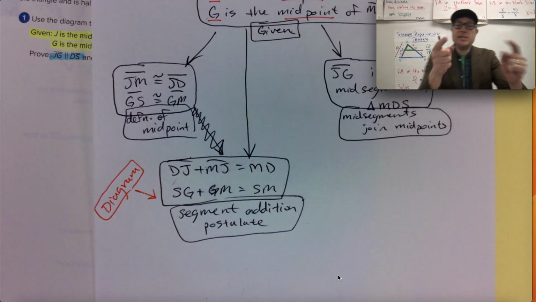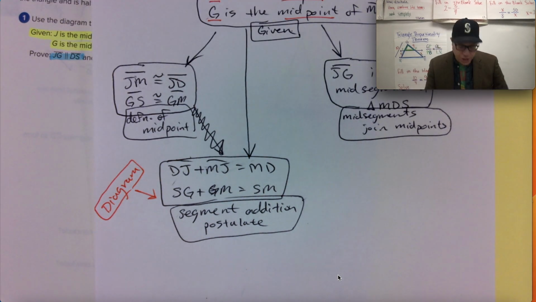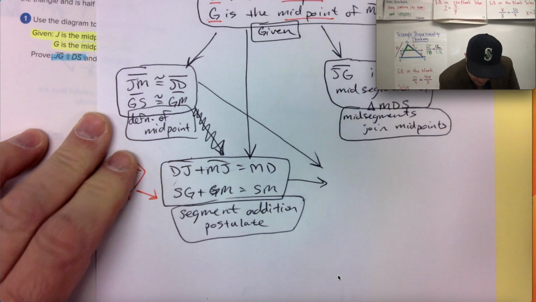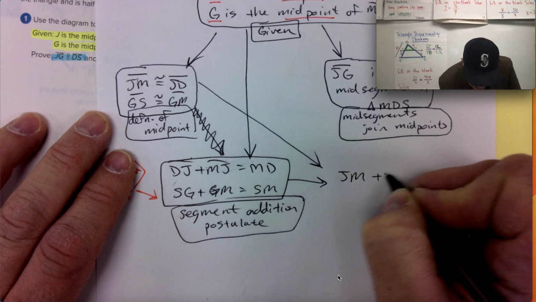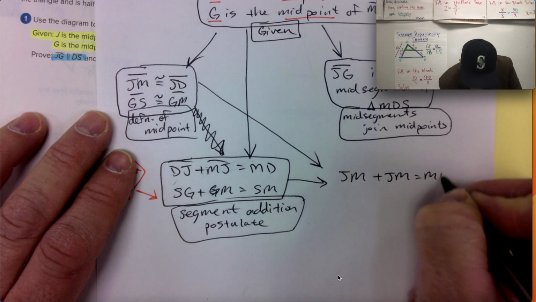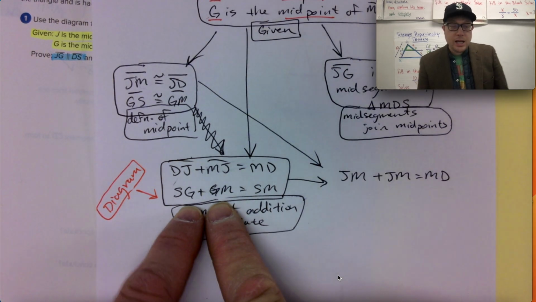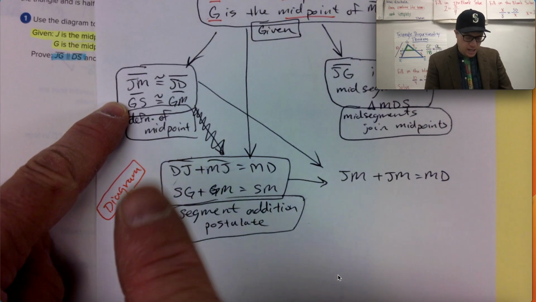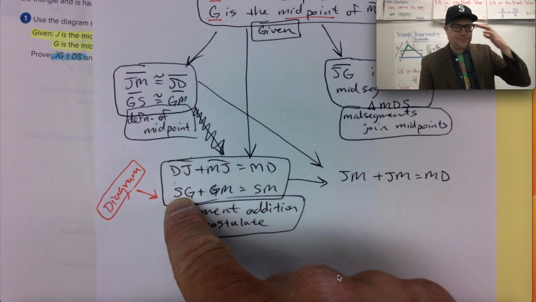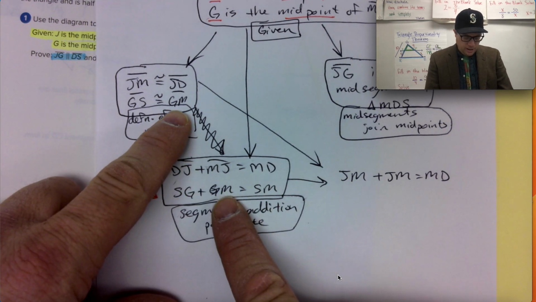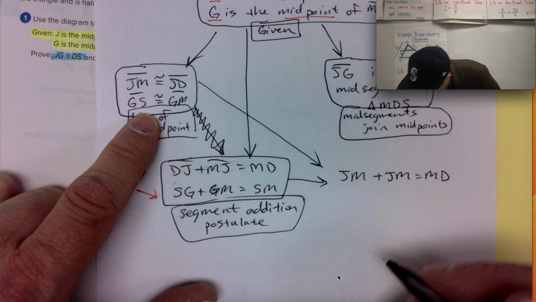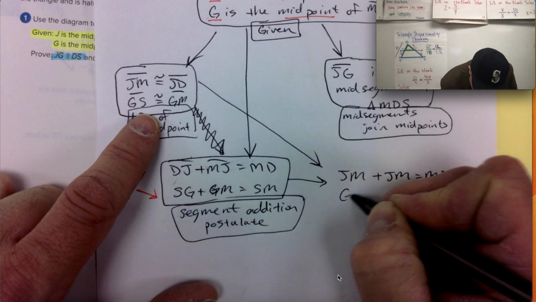But because they're the same, with substitution, this gets to say that JM plus JM equals MD. And for the same reason, since GS, I don't know why I switched the letters here. I should say GS, and then I should say GS again. Brain fart. Okay, GS and GM are the same. So GM plus GM equals MS.